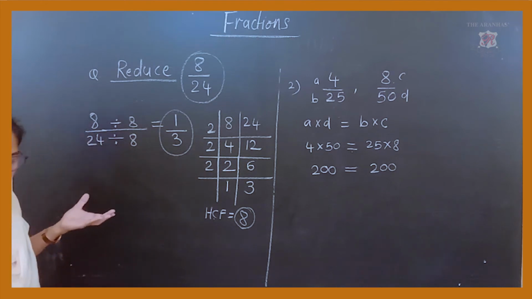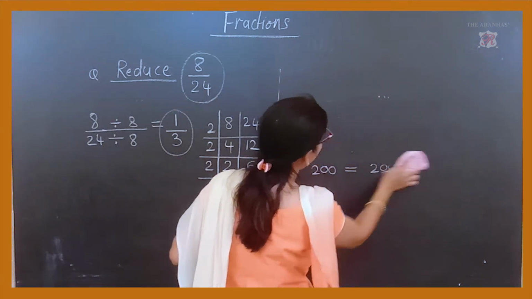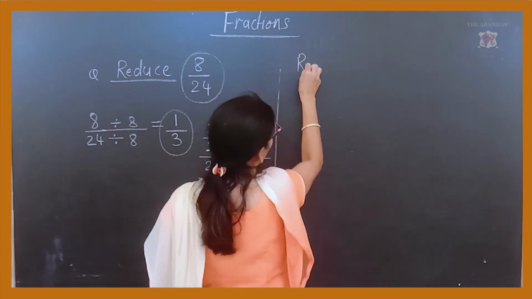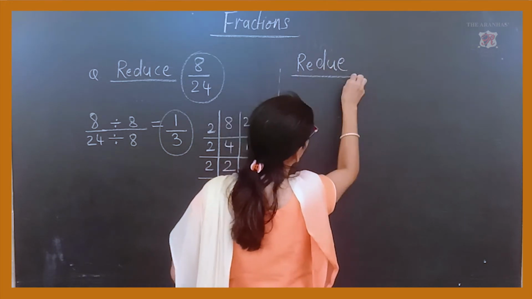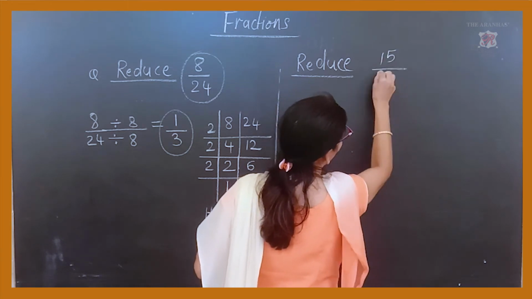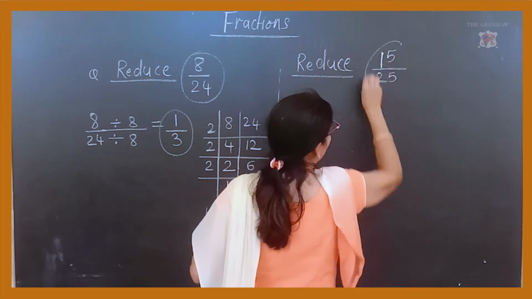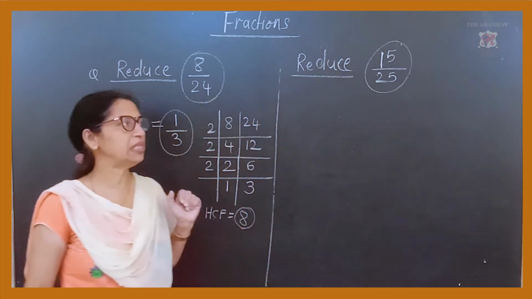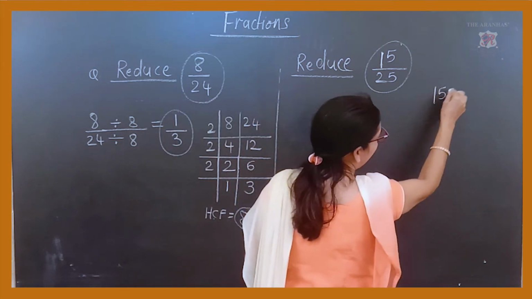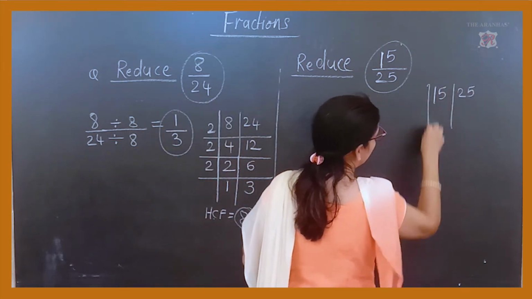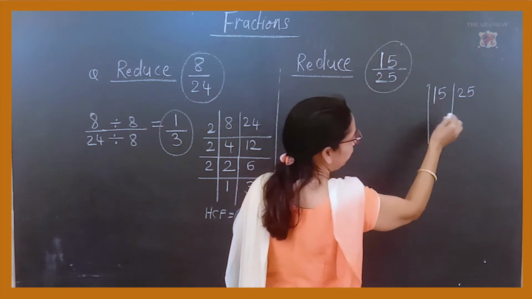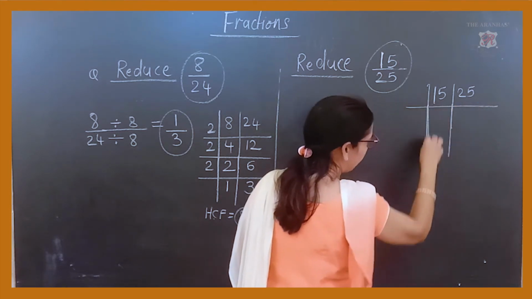Similarly, if you see one more example, you will find we have to reduce in the same way. Suppose the given fraction is 15 upon 25, which has to be reduced into its simpler form. Again, this 15 is the numerator and this 25 is the denominator. For both, we have to find the HCF by factorization.